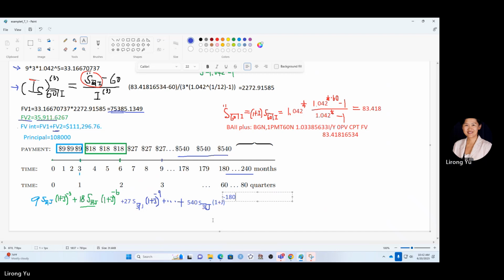Okay, now what we are doing right now is a present value calculation. And if we want to find the future value, the entire calculation has to be multiplied by 1.042 to the power of 20.